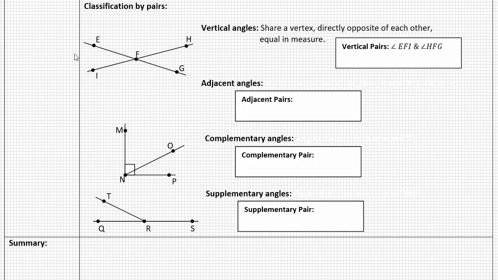So I've listed them here, angle EFI and angle HFG are one pair of vertical angles. Do you see the other pair? Yeah, they'd be these ones right here. So EFH, with sharing that vertex, directly opposite of it would be IFG. And I've listed those here.